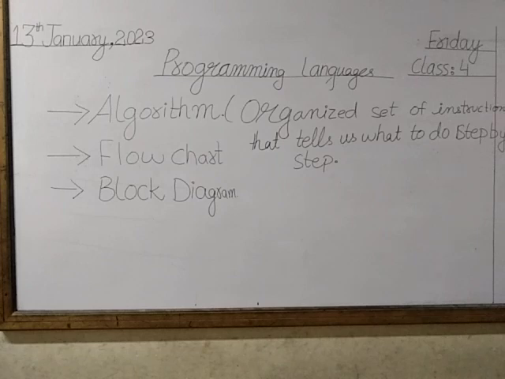Arsalan Bahu, can you please tell me what is flowchart? Yes, flowchart is basically the visual representation of data. We use some diagrams for flowchart. For example, if we are solving some problems, we use two types of diagrams.